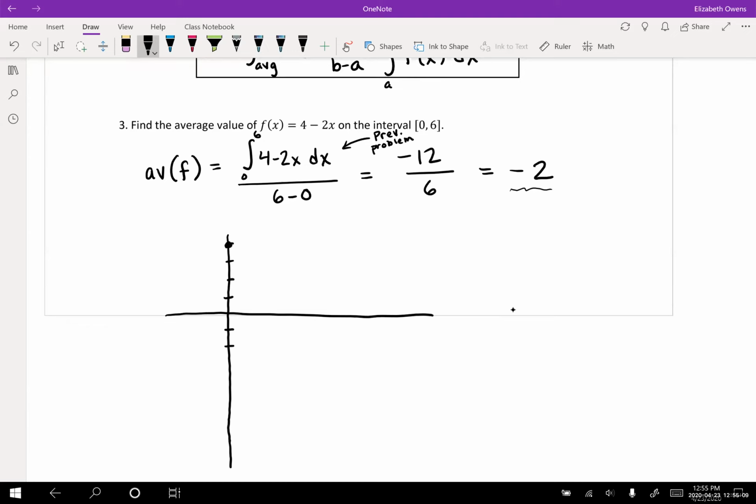There we go. All right, so yeah, we had our line with the intercept of 4. Okay, 2, 3, 4, 5, 6, 7, 8, negative 4, positive 4. Okay, 1, 2, 3, 4, 5, 6. Okay. So let me make a line there.